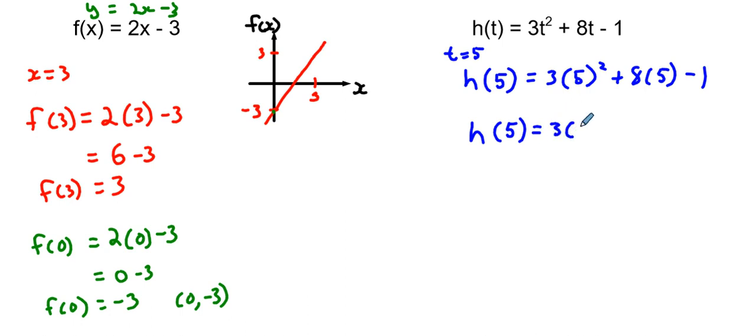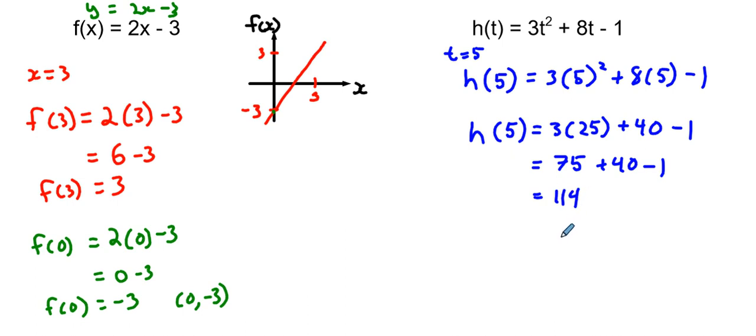This would be 3 times 25 plus 40 minus 1. And so this would be 75 plus 40 minus 1. And then we'll finish this off. So 75 plus 40 would be 115, minus 1 is 114. And that's how we substitute in.